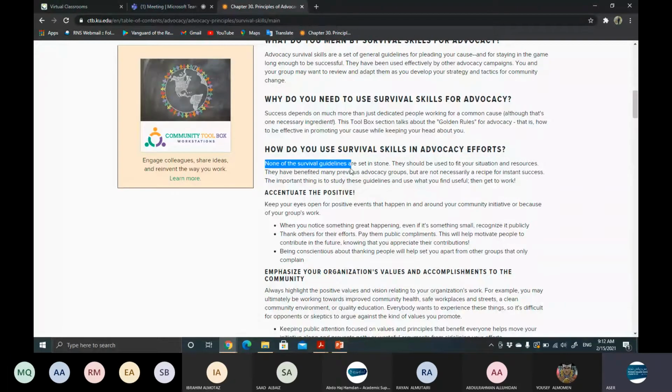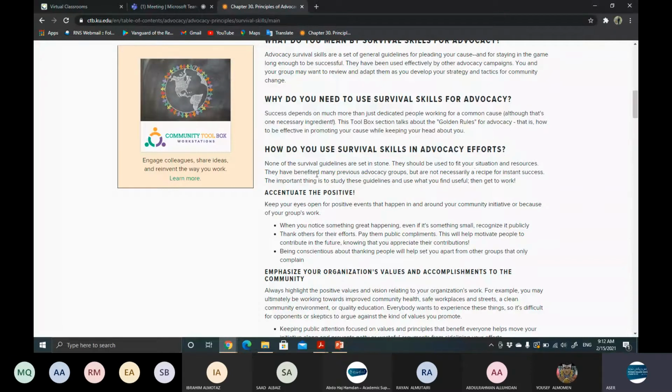Of course, none of the survival guidelines are set in stone, meaning that they are flexible. You can vary them, you can change them according to your own community, your own perspective, your own campaign, the rightness of your cause, and many other reasons. You can flex them. They should be used to fit your situation and resources.